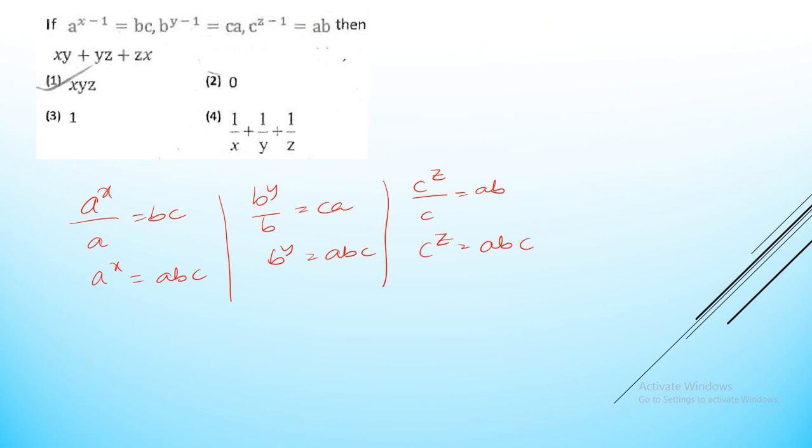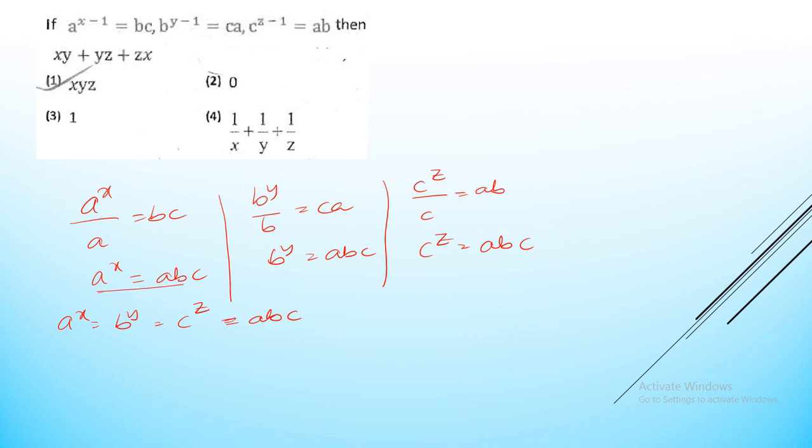Now what is he asking? xy plus yz plus zx. Now how to find this value? All values are equal, no? So a power x is equal to b power y is equal to c power z is equal to abc. Right? Now from this, what can I find out?